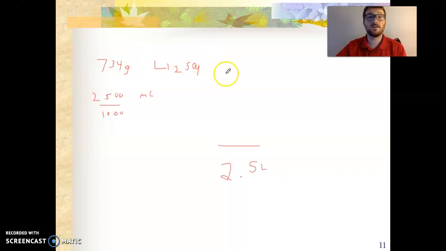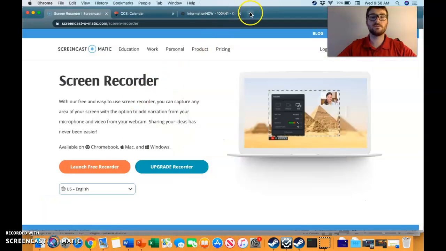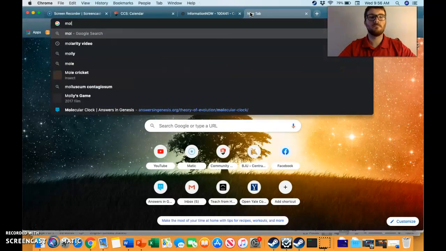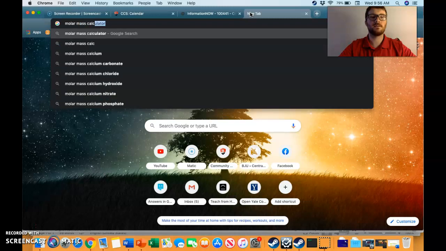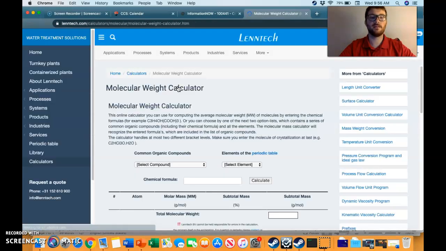We divide. We need to find out the molar mass of lithium sulfate, Li2SO4. Molar mass calculator. How about that? You ready? We're going to trust a random thing we're going to find in Google. Li2SO4.